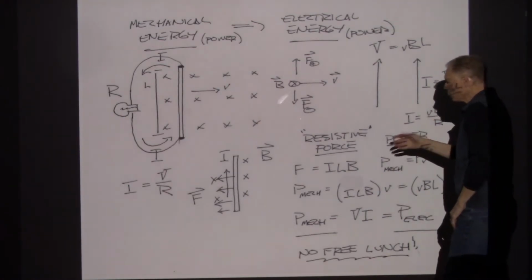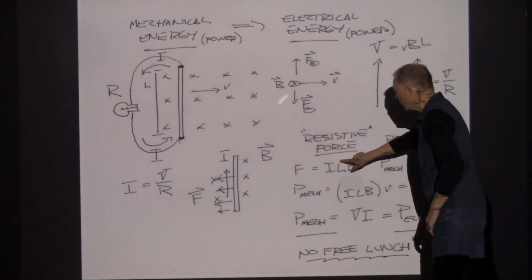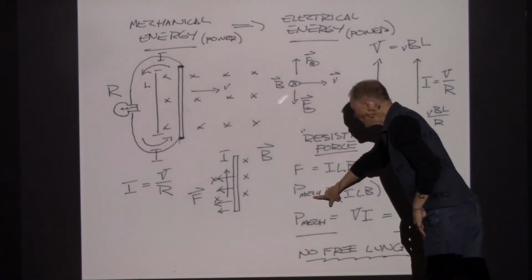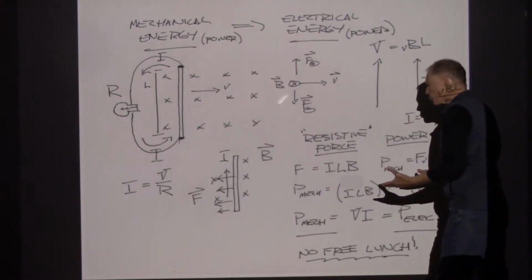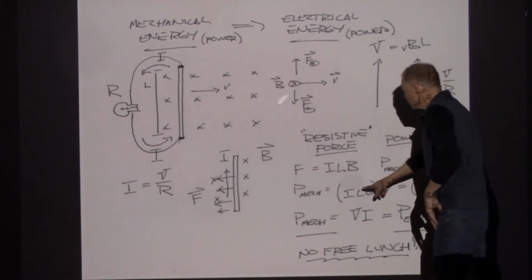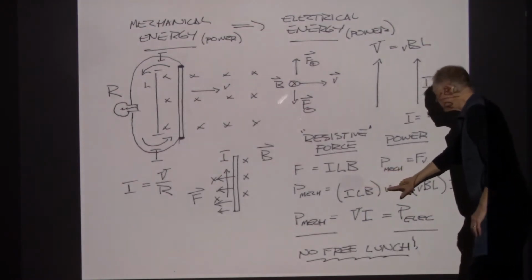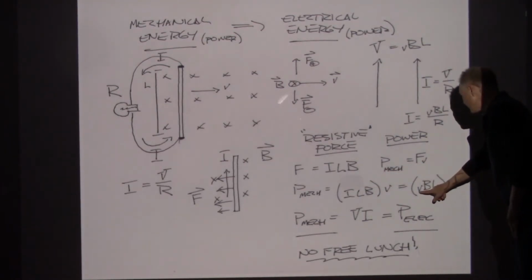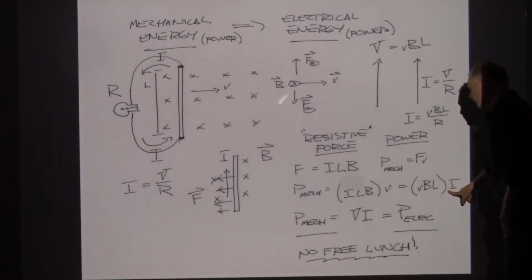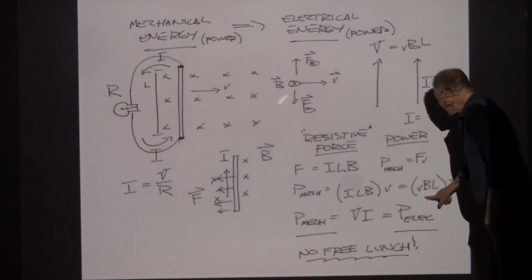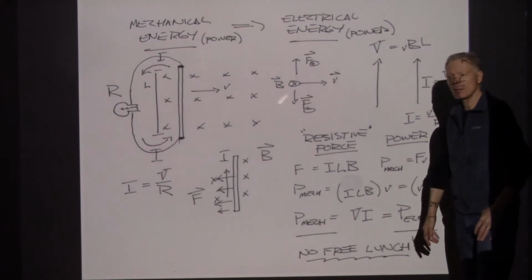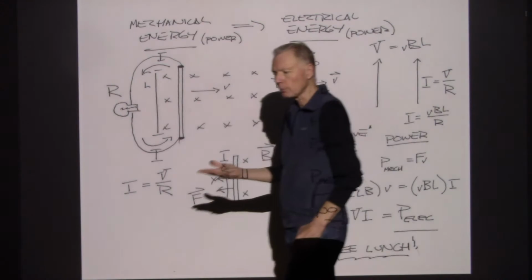And that mechanical force would need to match I times L times B. So the power in that mechanical force that's turning my generator needs to be I times L times B times V. And that's going to be the same thing as V times B times L times I. Well, that's the same thing as voltage times current, and that's going to be the electrical power.